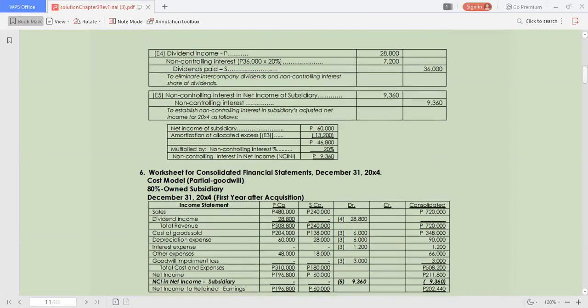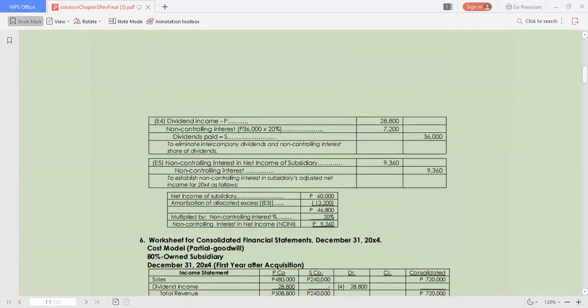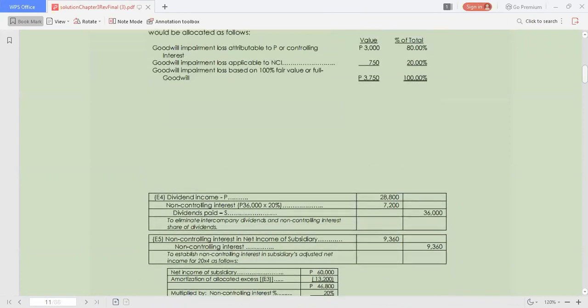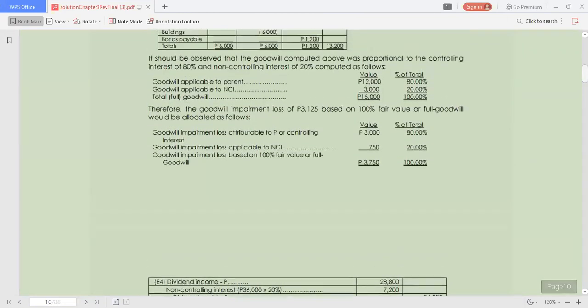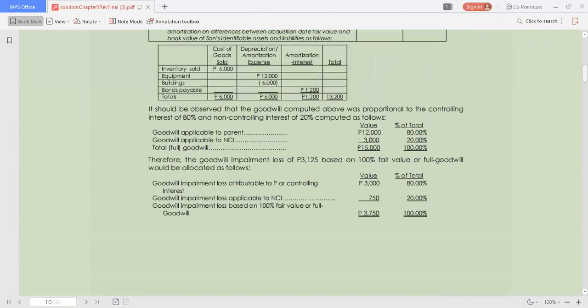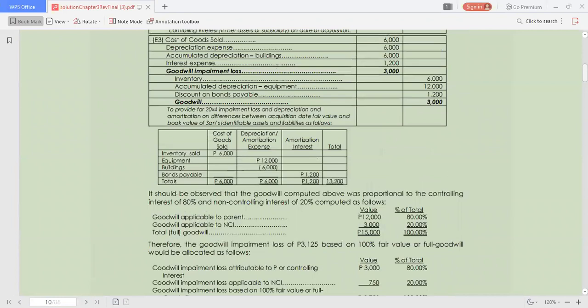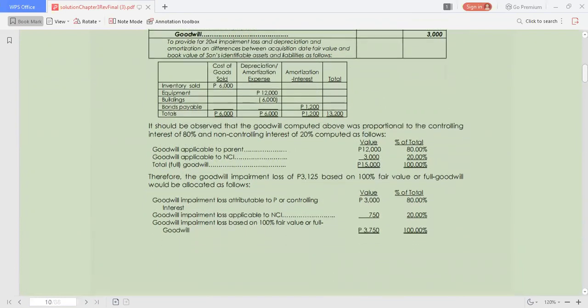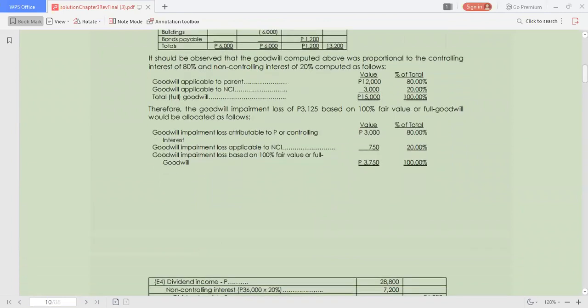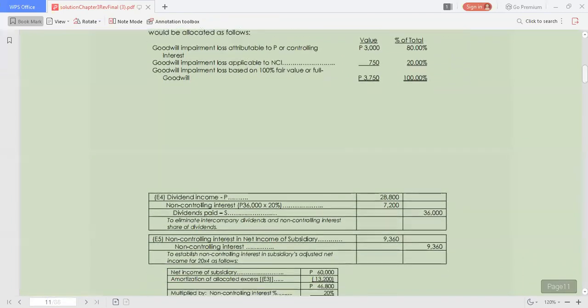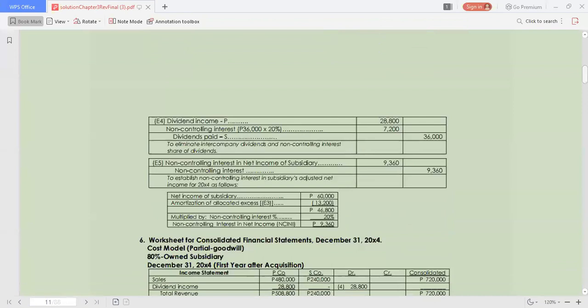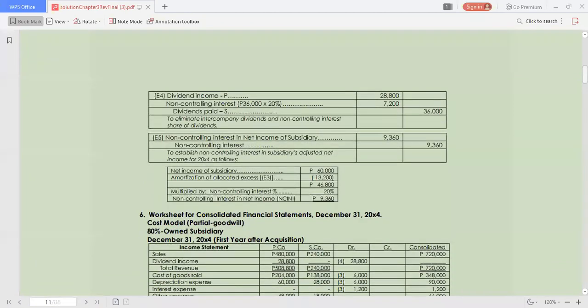We have the entry in number 3, to go back to the entry so we can see what entry was made. So the entry in E3, debit cost of goods sold by 6,000, credit back inventory by 6,000. So that was the entry in E3 that's now reflected in our worksheet.